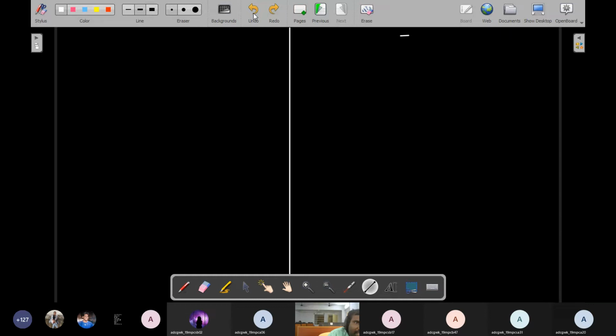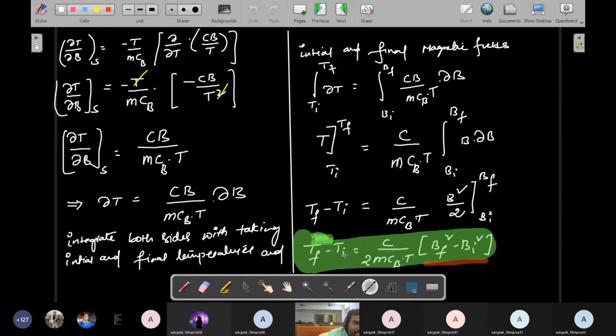In the previous equation I got this answer: Tf minus Ti is equal to C by 2 m C_B T into Bf square minus Bi square.